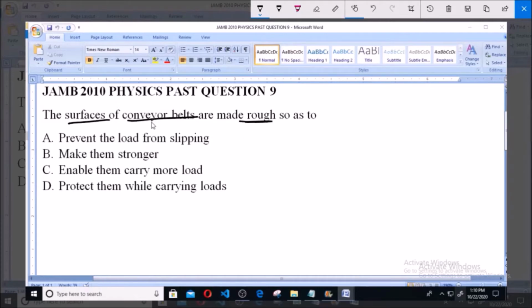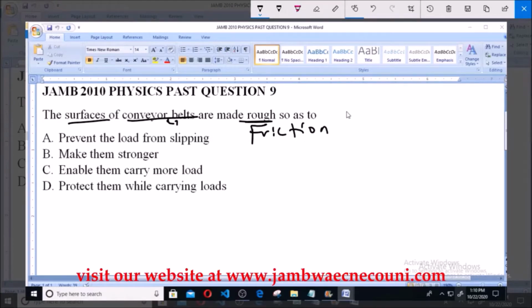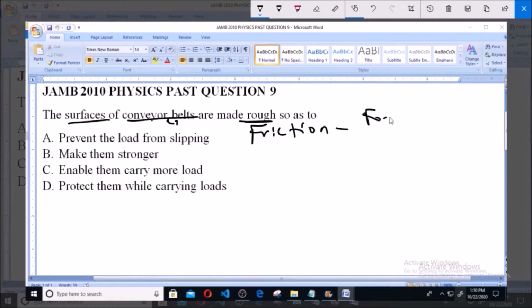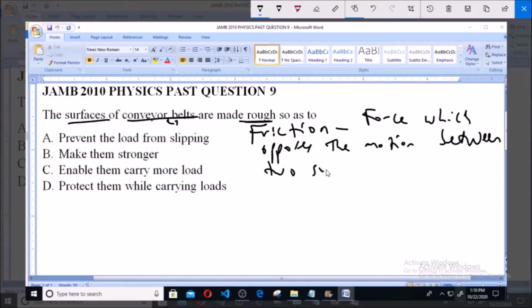Now conveyor belts are often found in machines used in industries to convey or carry certain load, for bearing or carrying certain load. Now this making of surfaces rough is basically based on friction, and friction is more or less referred to as the force which opposes the motion between two surfaces in contact.